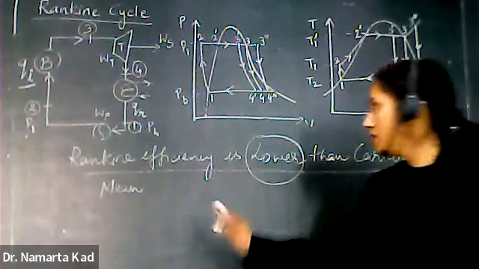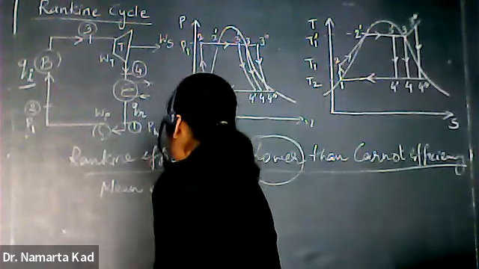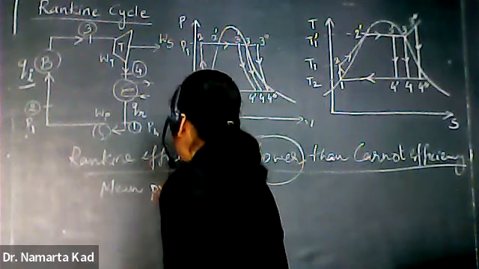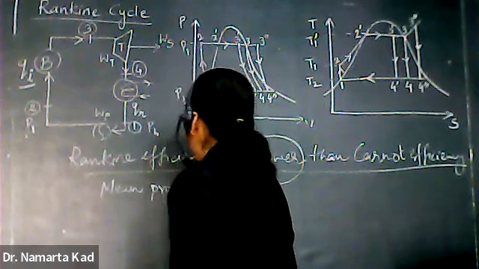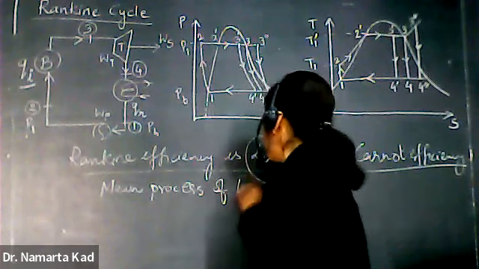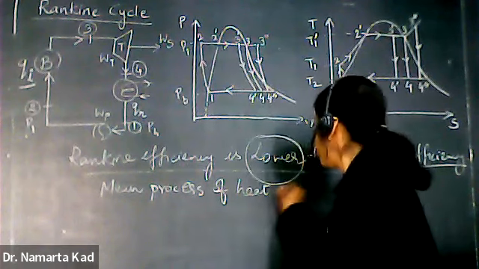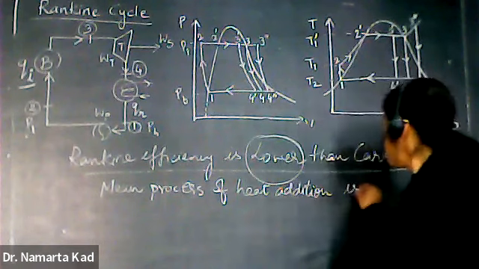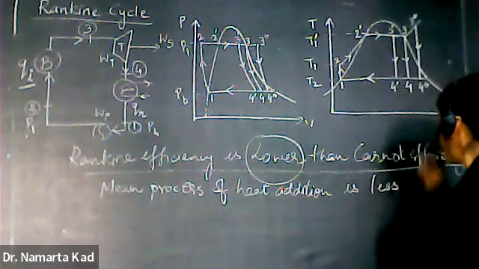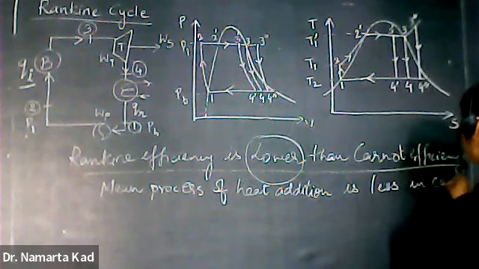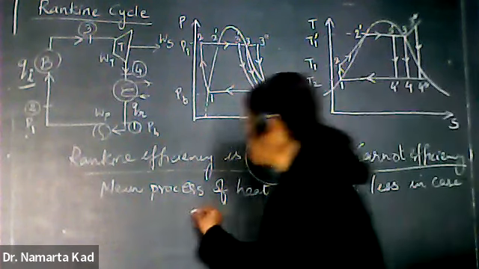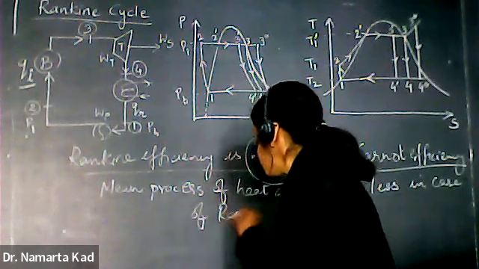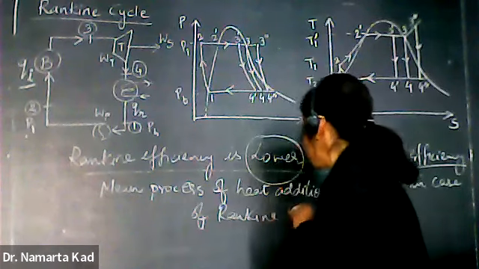So the main reason is that the mean temperature of heat addition is less in the case of the Rankine cycle.